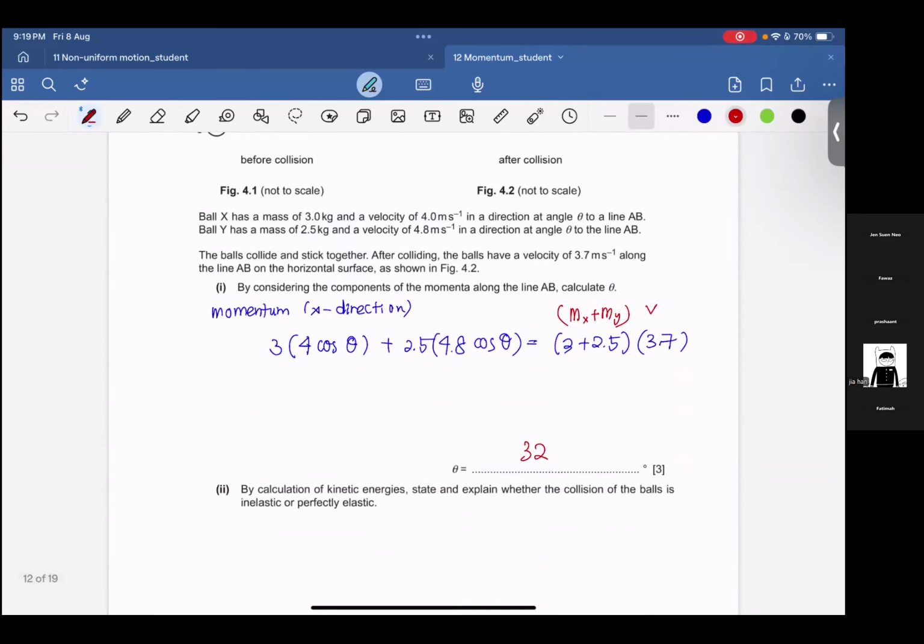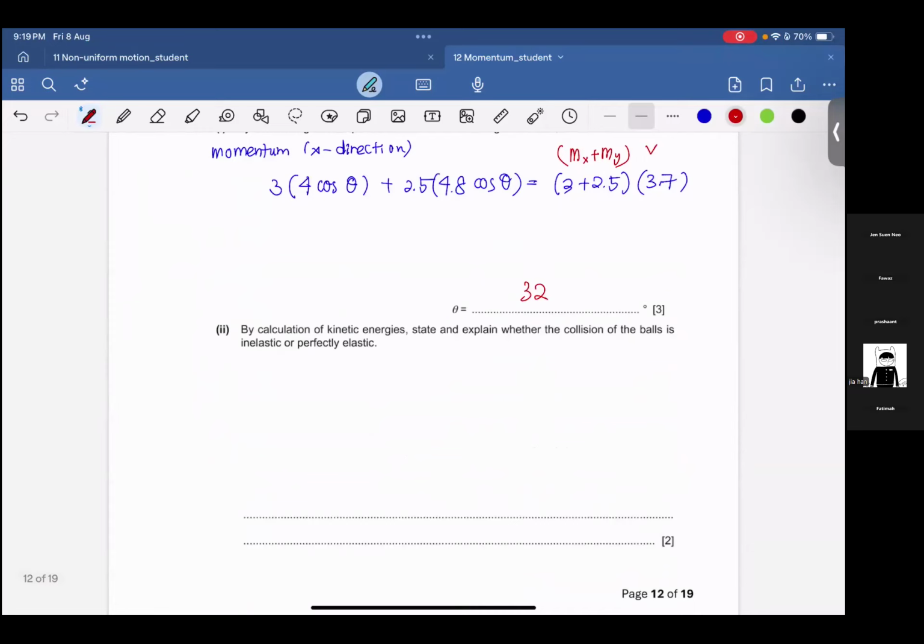Okay, so boys and girls, by calculations of kinetic energy, state and explain whether the collision is inelastic or perfectly elastic. Boys and girls, base it on kinetic energy, not on the relative speed. They already say calculation of kinetic energy. So can you count?